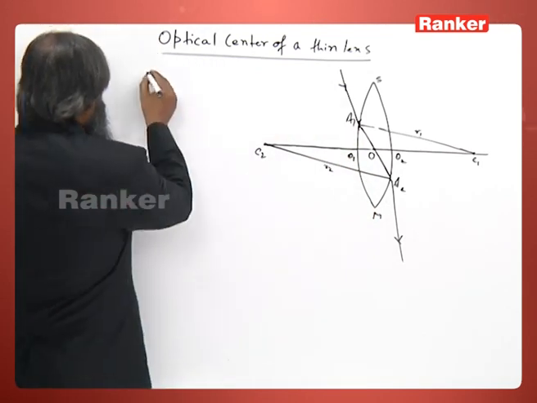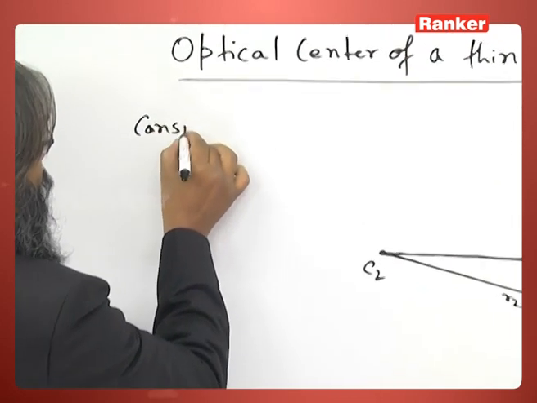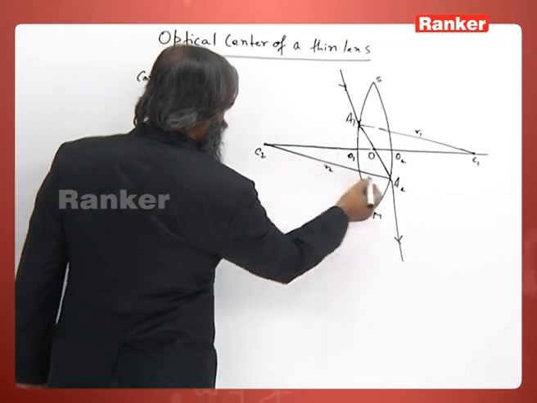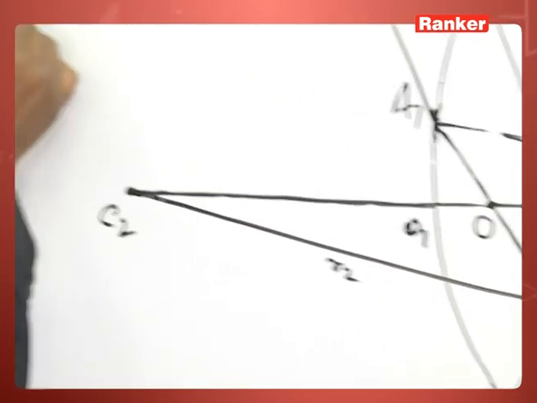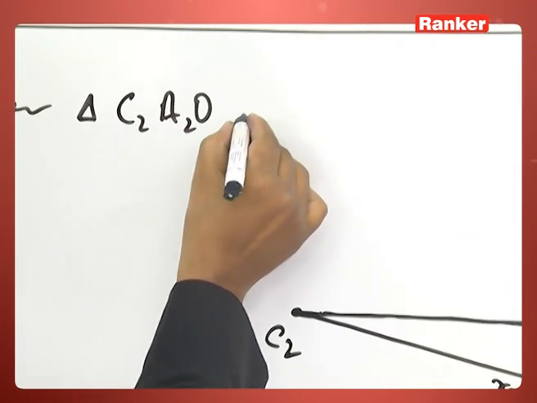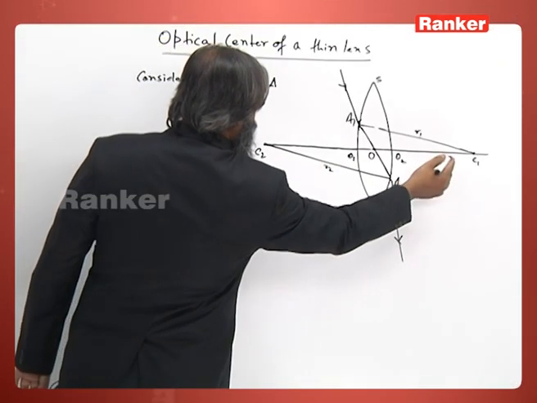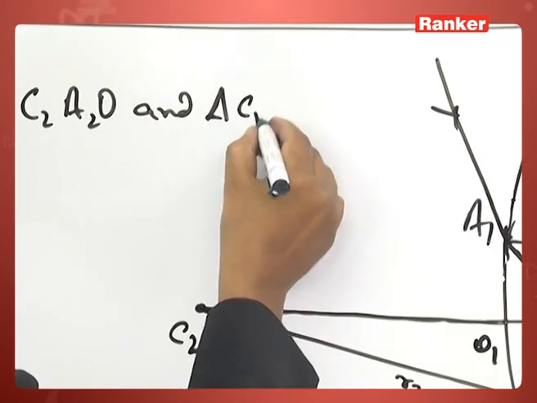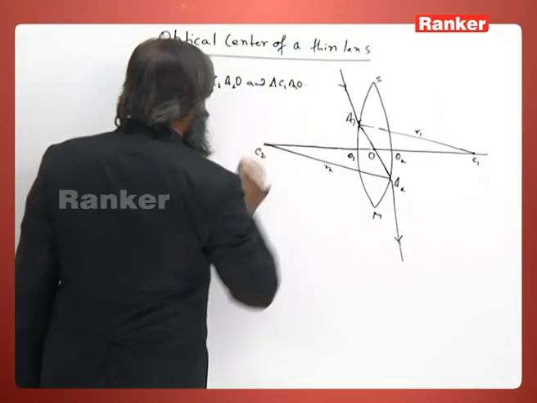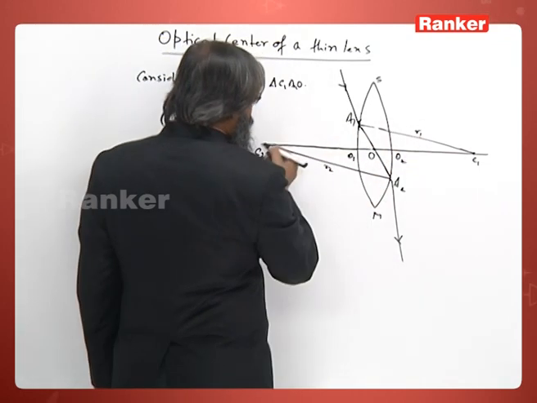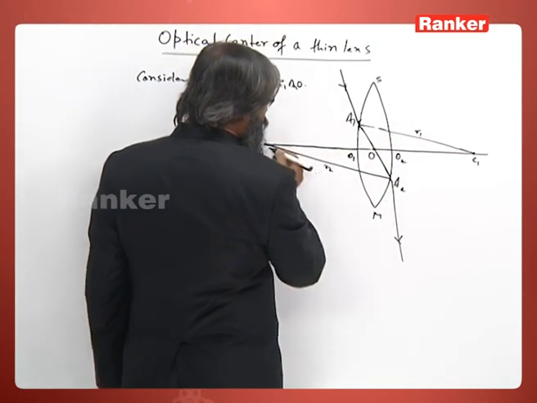Now, consider triangle C2A2O and triangle C1A1O. So, you see here in these triangles, these are parallel lines.